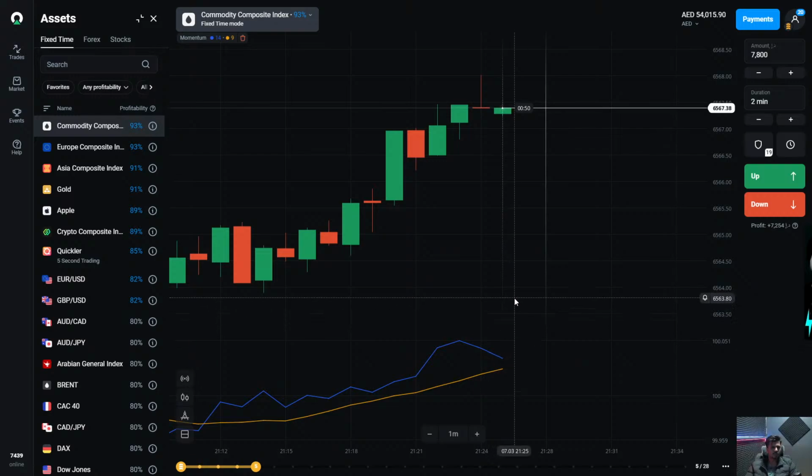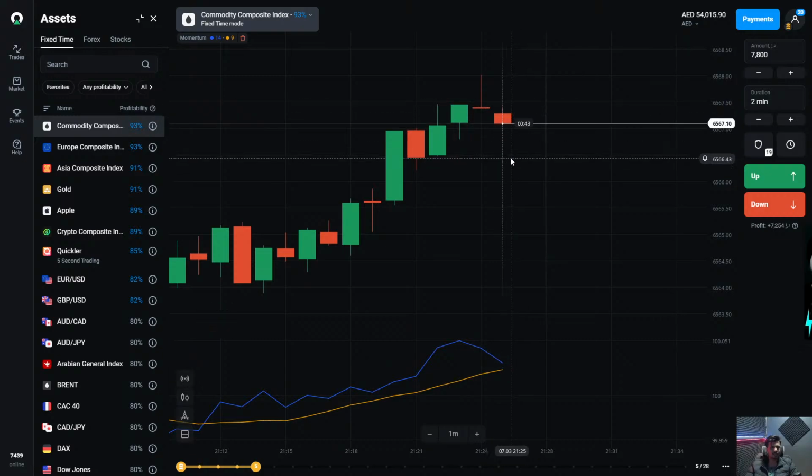This yellow line is moving upward and the blue line is trying to move to the downward. That's why this Japanese candlestick is forming in the downward direction, but it can come back again in the upward.